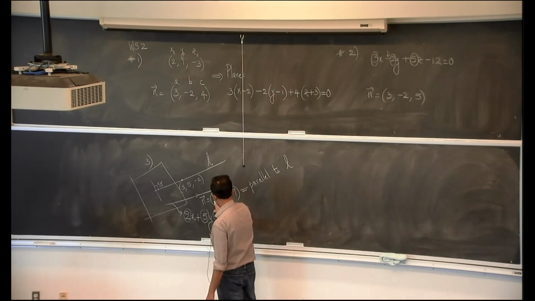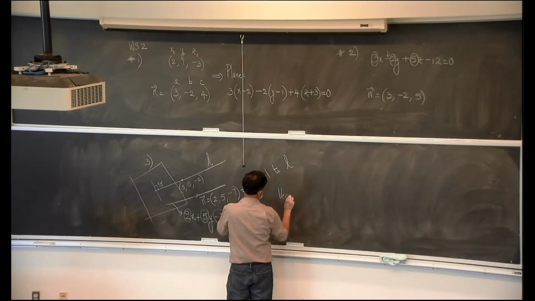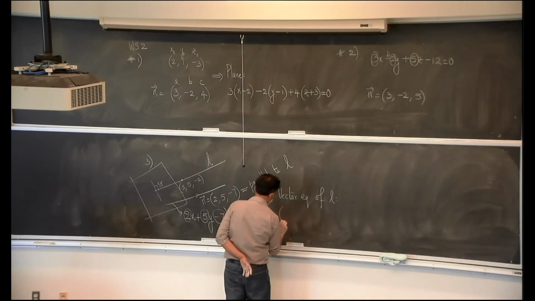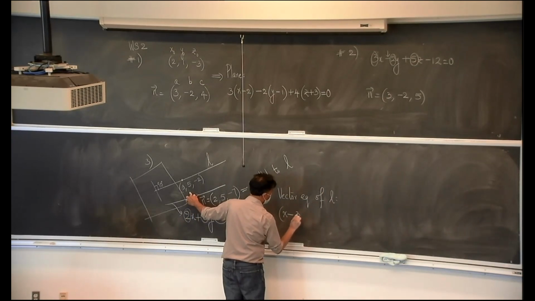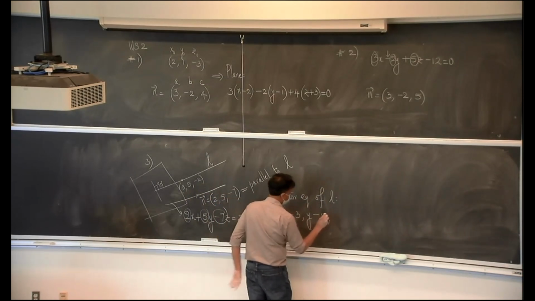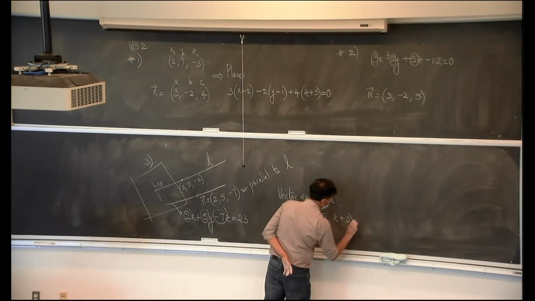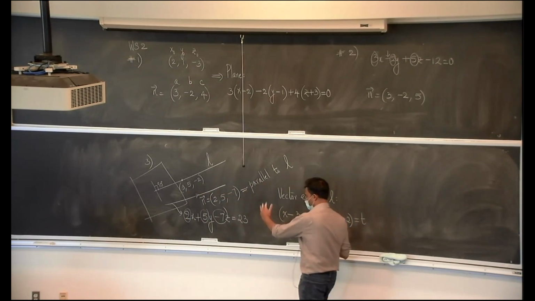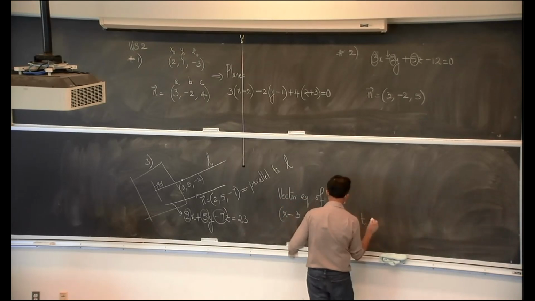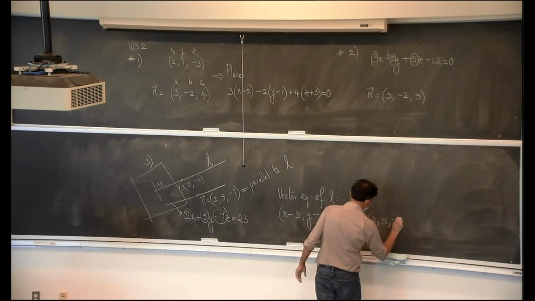This is your v1, v2, v3 for the vector equation of the line, and that is your x naught, y naught, z naught. So the vector equation of L would be (x - x0, y - y0, z - z0) equal to, remember these are parallel, so some parameter or constant times this vector which is parallel to that line, which is (2, 5, -7).